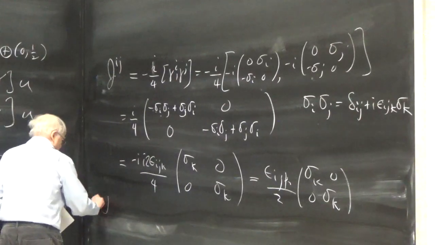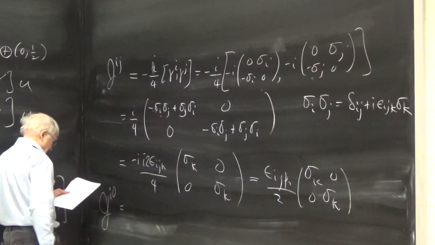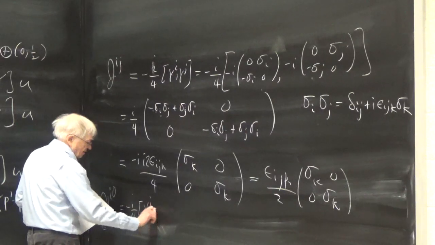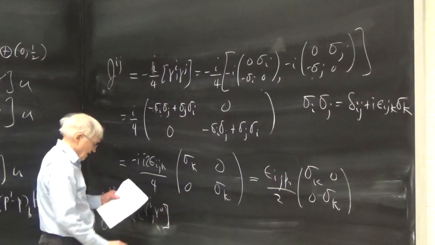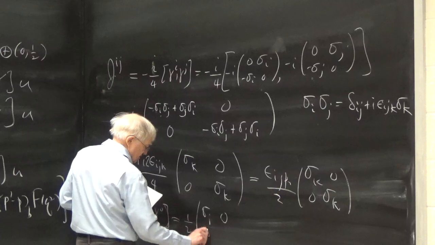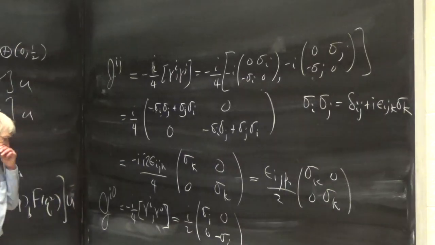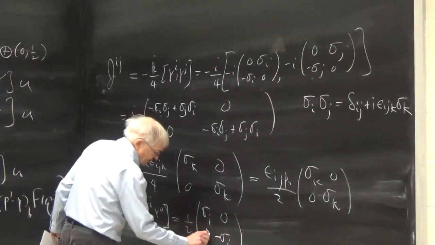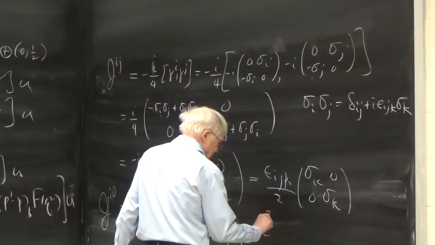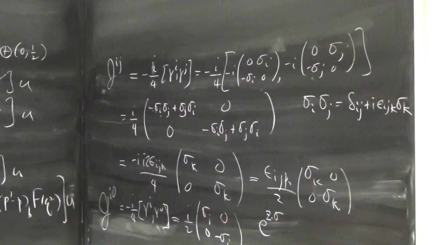The generators of boosts look like this, J^i0. This is minus i over 4 commutator of γ^i with γ^0. And I'll just write down the answer. It's i over 2 (σ^i, 0; 0, −σ^i). And this should ring a bell with what I said to you often, namely that the 2x2 representations of the Lorentz group can be written as e to the z dot σ, where z is a complex 3-vector.